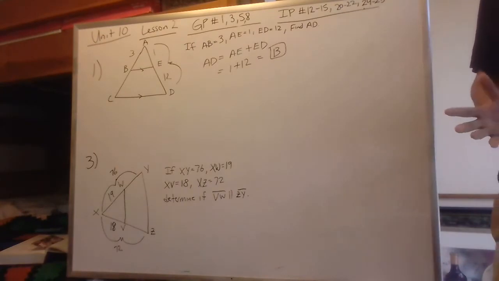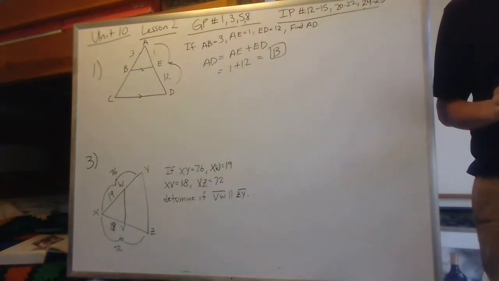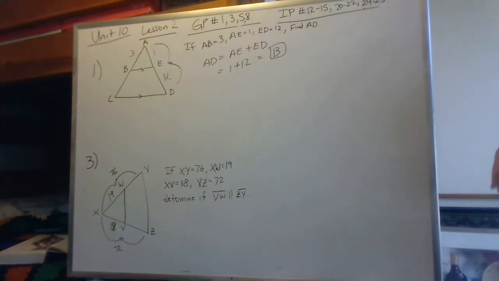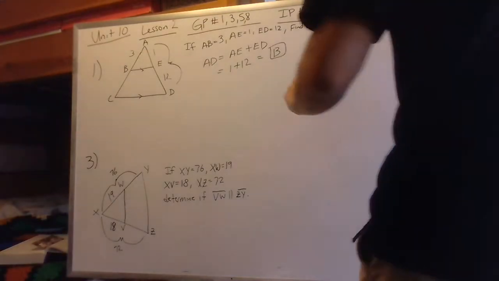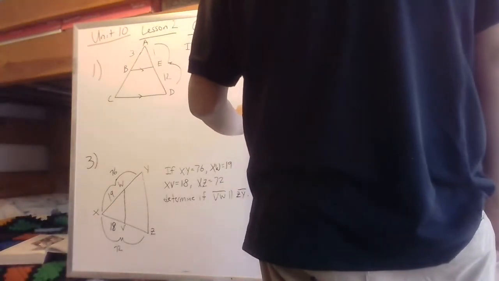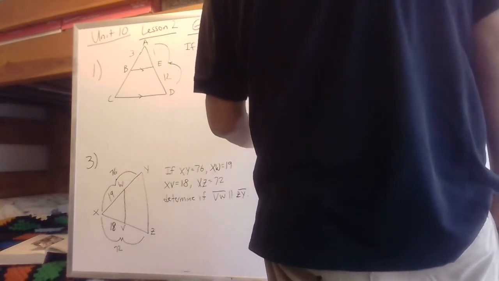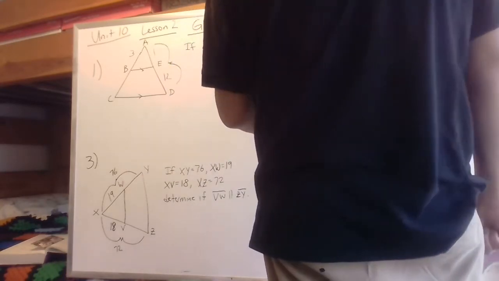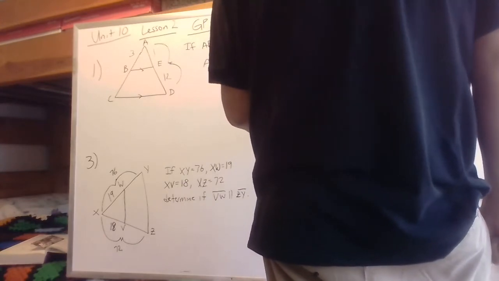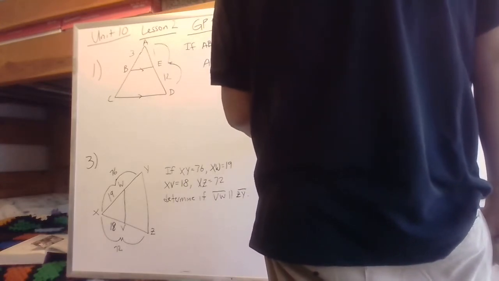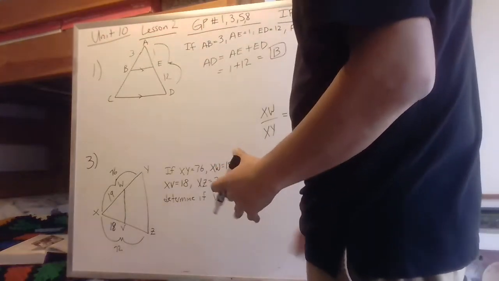Essentially, we have to do what we did yesterday and look at proportions. So if they are parallel, that means that we can say that side XW over XY is equal to side XV over XZ. And if that's equal, then we know that it's parallel.